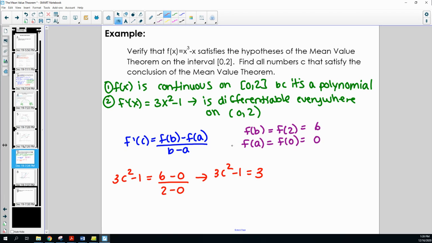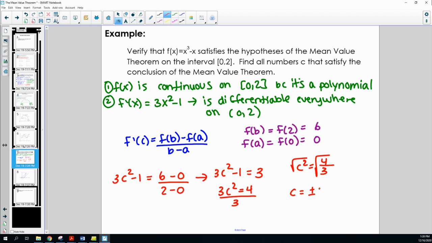So now I'm solving for c. I'm going to add 1, so I get 3c squared is equal to 4. I'm going to divide by 3, so I get that c squared is equal to 4 over 3. Okay, and then I'm taking the square root. When I take the square root, I have plus or minus. I can actually take the square root of each one separately.